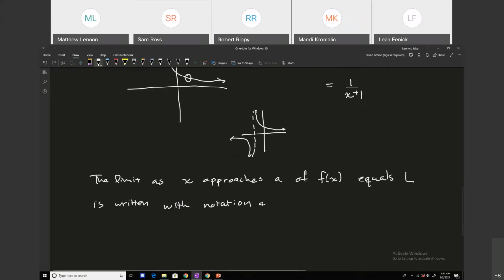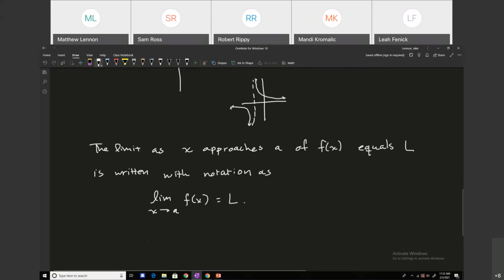That's what we had in the example. We were looking at x moving toward 1, the function was x minus 1 over x squared minus 1, and we hypothesized it was moving toward 0.5.